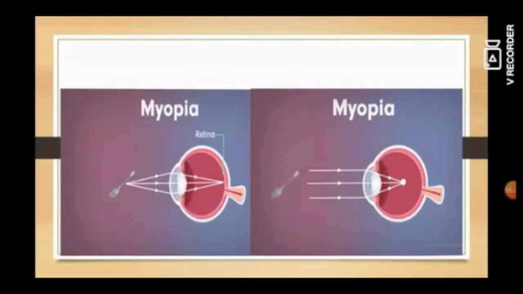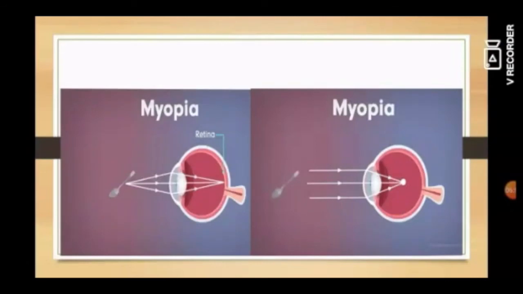Have you ever thought how light propagates in a myopic eye? Well, the light from nearby objects travels in the usual way and gets focused on the retina only. But the light rays coming from faraway objects enter the eye and get converged in front of the retina instead of on the retina.